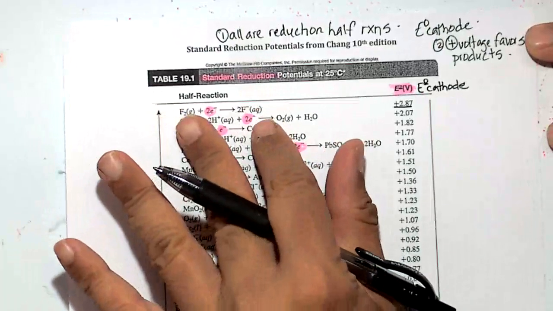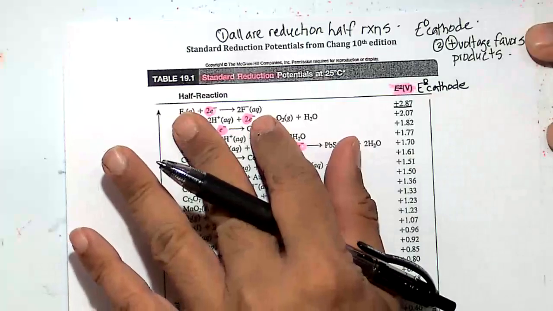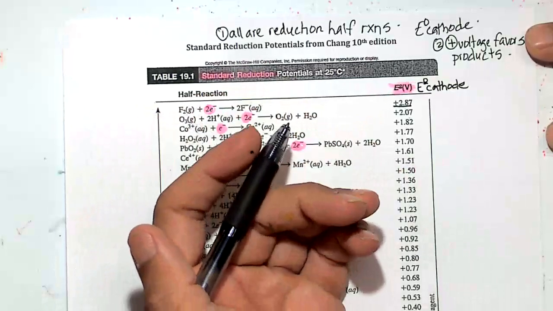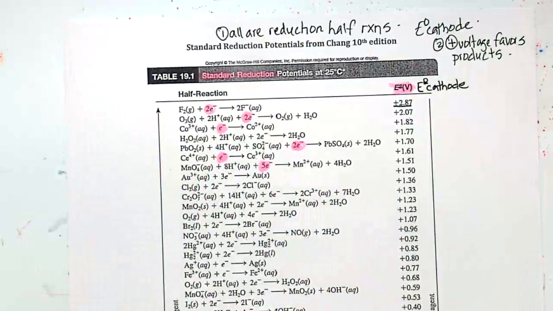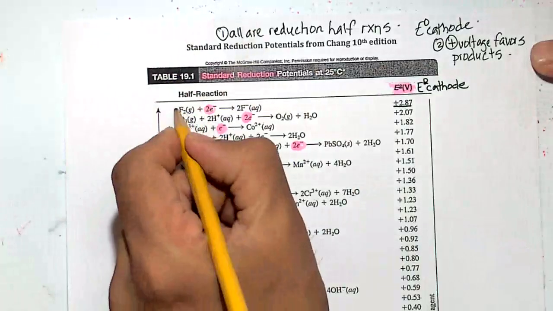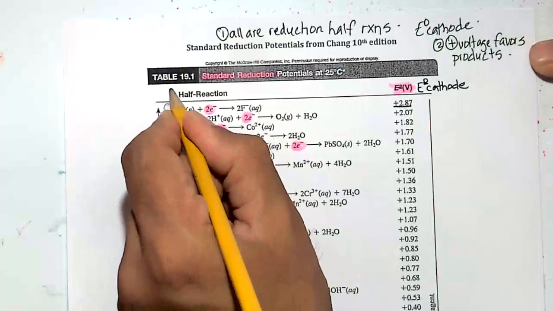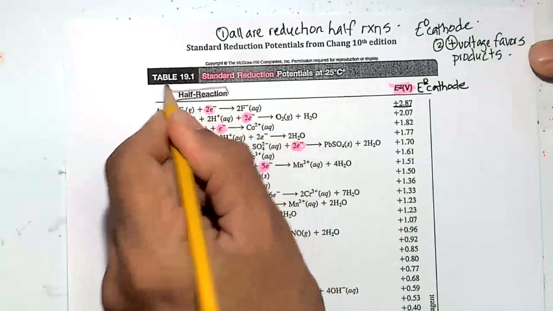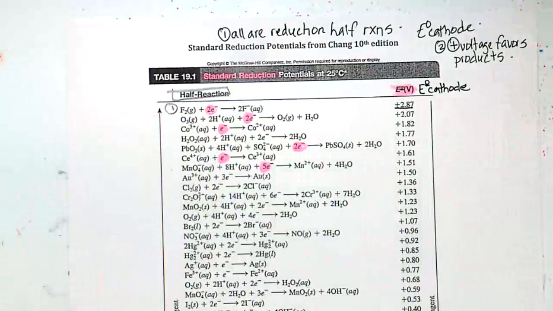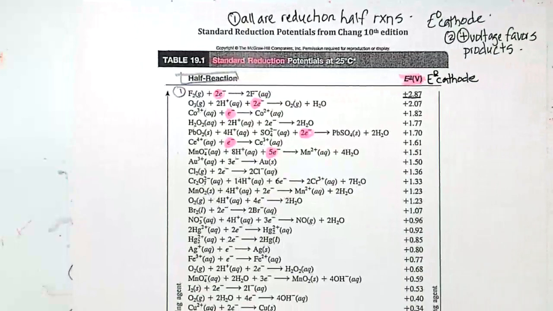So number 3 here. I'm going to take this reaction, which is E cathode, and I'm going to flip it. Let's call this half reaction 1, because these are half reactions. We're going to flip half reaction 1.